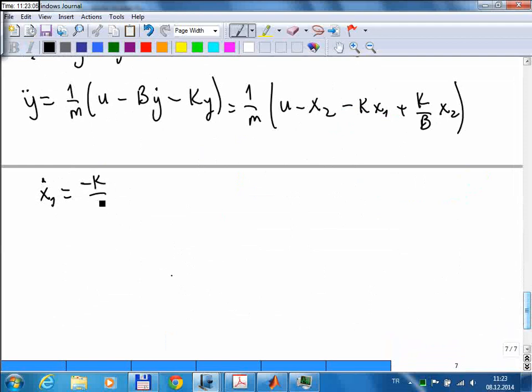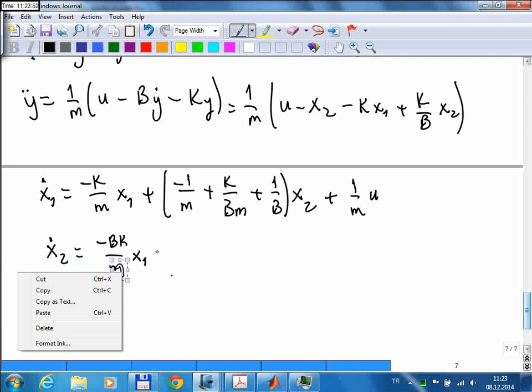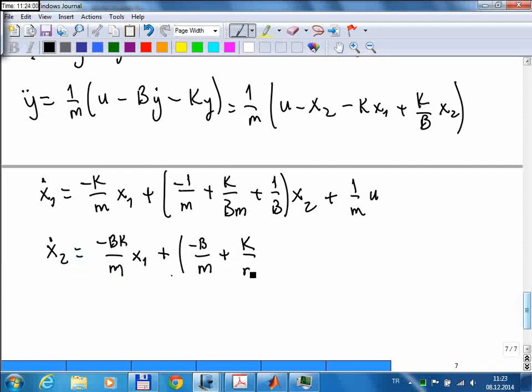Minus k over m x1 plus minus 1 over m plus k over bm plus 1 over b times x2 plus 1 over m times u, and x2 dot should be minus b k over m x1 and plus b over m times u.